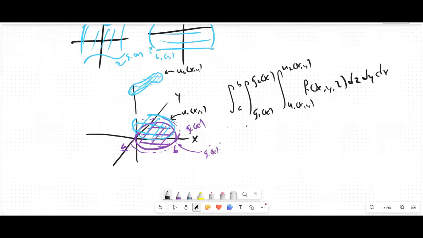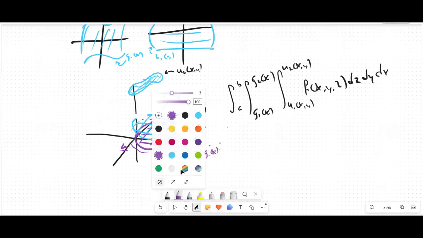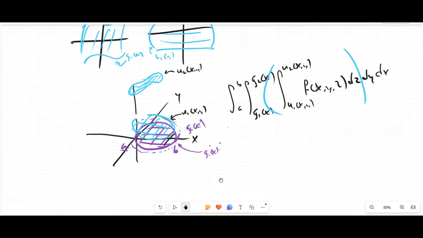Okay, so strictly speaking, this is what we're going to be working on here, is setting up integrals like this, where you first do the x and y variables in the way you would have done in 2D. And then inside of those, the innermost integral, you have to do bounds on z.